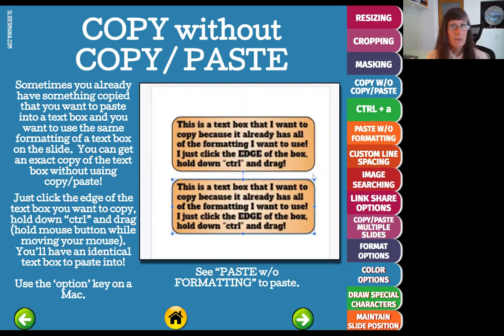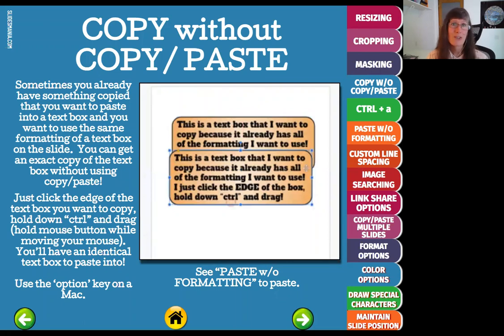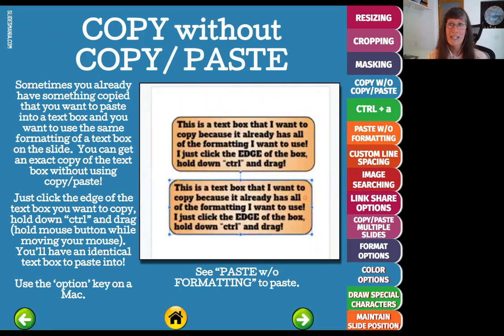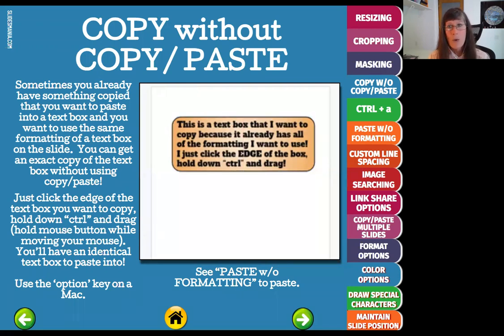You're wasting precious moments fiddling around with matching the font and the size, but you can get an exact copy just by clicking the edge of a text box that you want to copy.